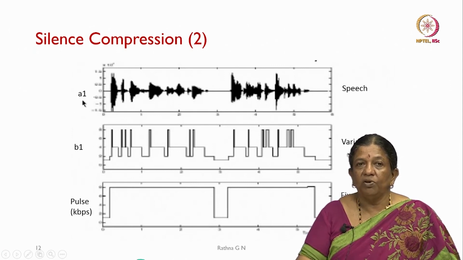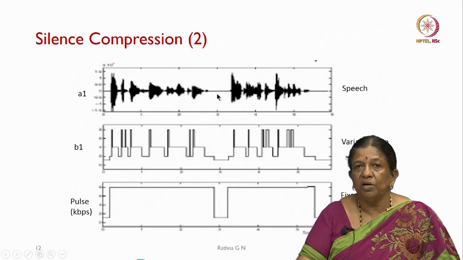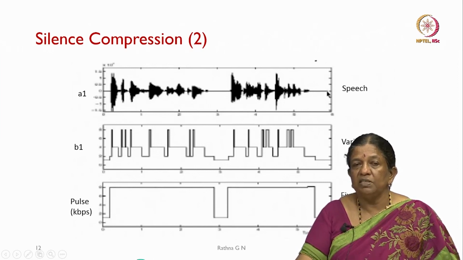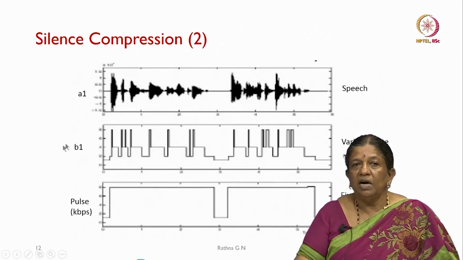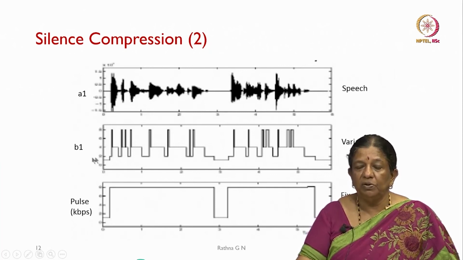This is the A1 speech signal that we have. Here you see voiced and unvoiced parts, and in between you see the silence zone. Here also is the maximum silence zone, and after that there is another silence zone. Then B1 shows variable rate coding.